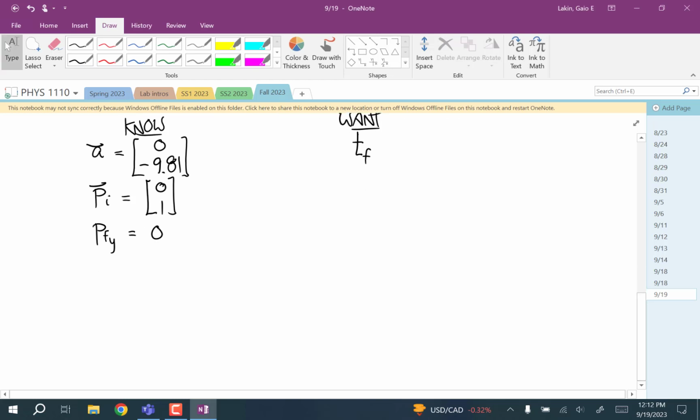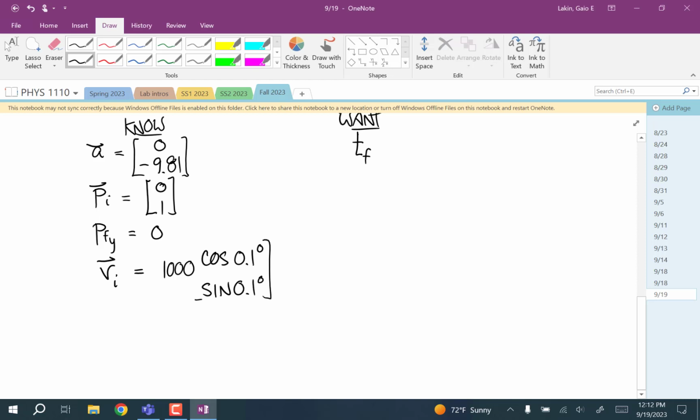Okay, and now initial velocity. That's where we're going to use this 1,000 and this 0.1 degrees. So this initial velocity is going to be 1,000 times the cosine of 0.1 degrees and the sine of 0.1 degrees.